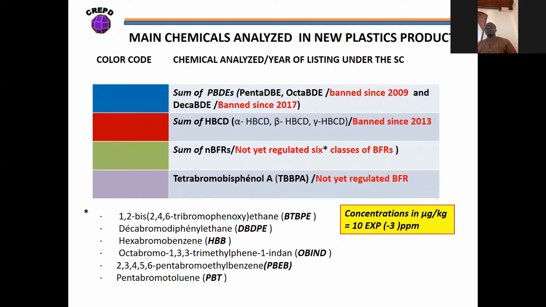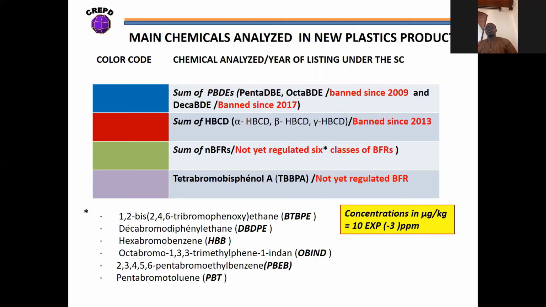We also have the deca PBDE that was banned since 2017. We have also the sum of HBCD, with the isomers alpha, beta, gamma, that were banned since 2013.